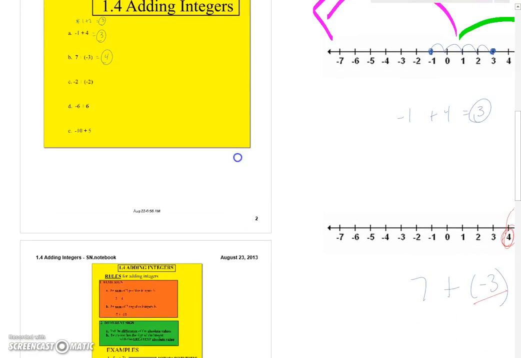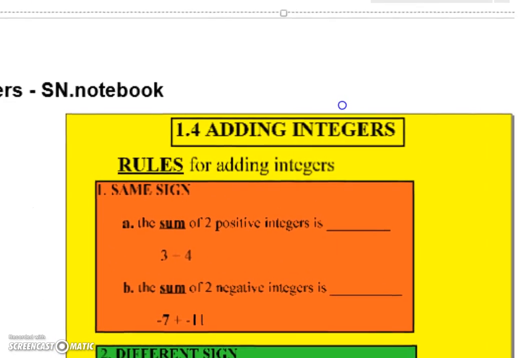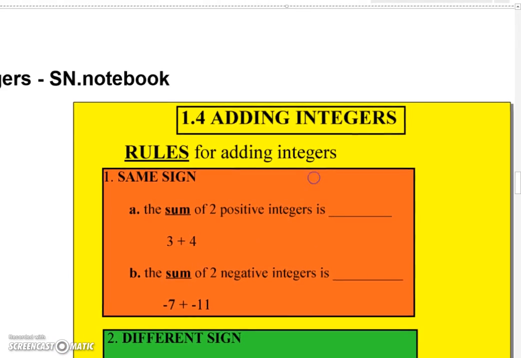Now, if I were to come up with a couple of rules for this, I would say this. We know this: the sum of two positive integers is always going to be positive, right? 3 plus 4 is 7. 1 plus 3 is 4. A positive and a positive gives us a bigger positive.